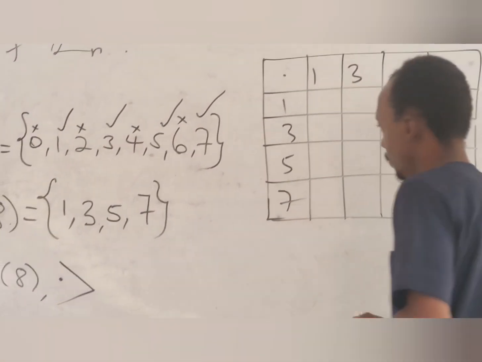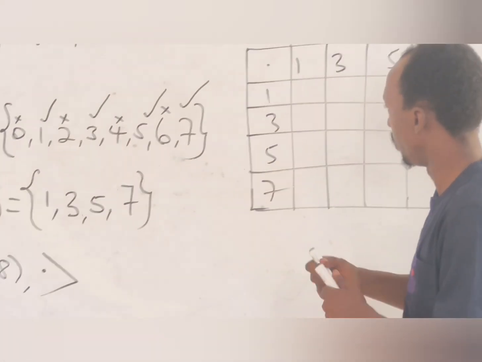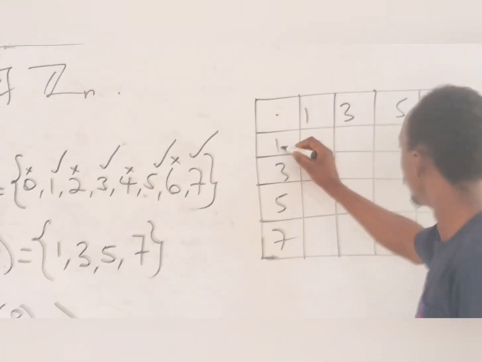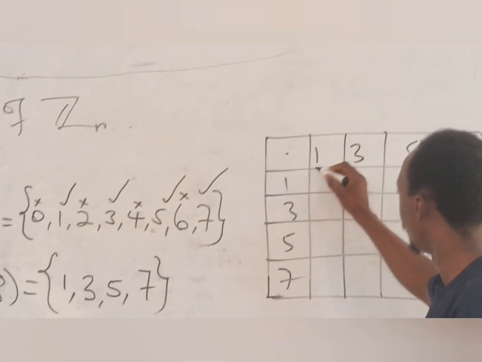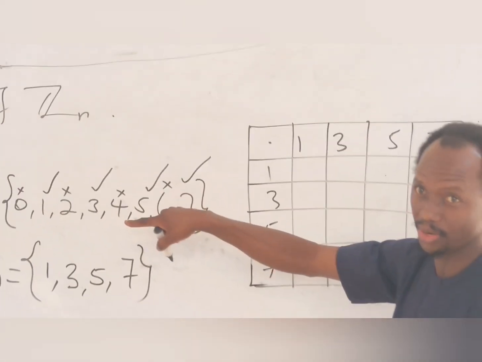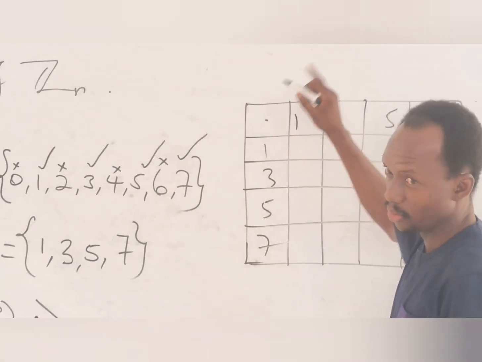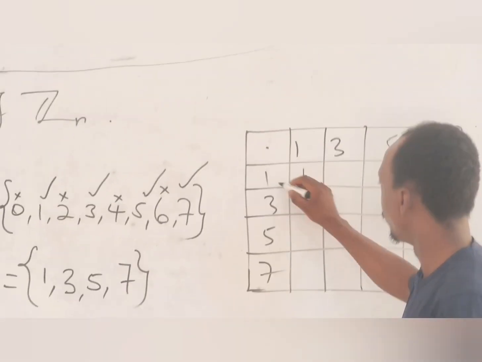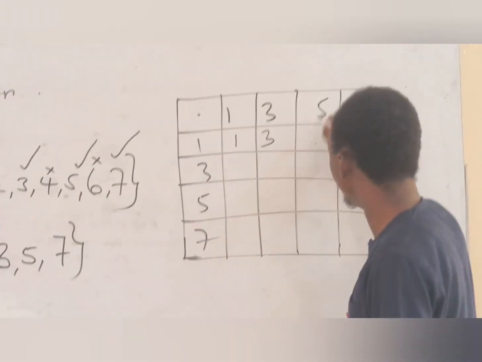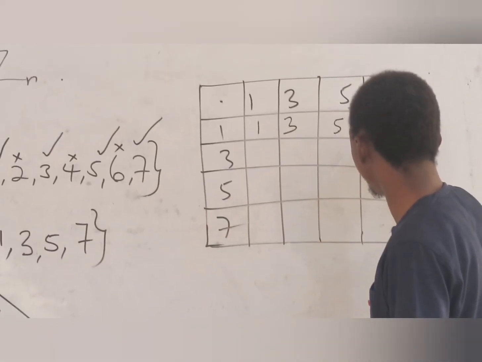So let's go. Let's see whether you remember what we did in the other examples in modular arithmetic. So 1 times 1, if the answer is not in the set, modulo what? 1 times 1 is 1 mod 8. 1 times 3, 3 mod 8. 1 times 5, 5 mod 8. 1 times 7, 7.